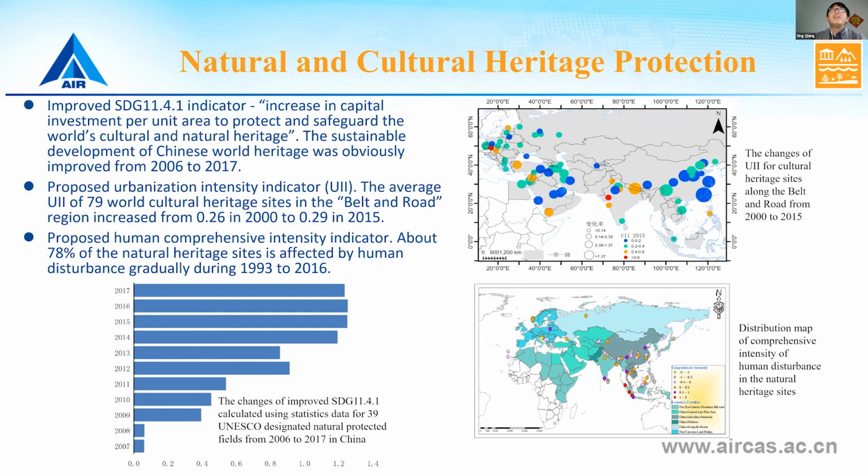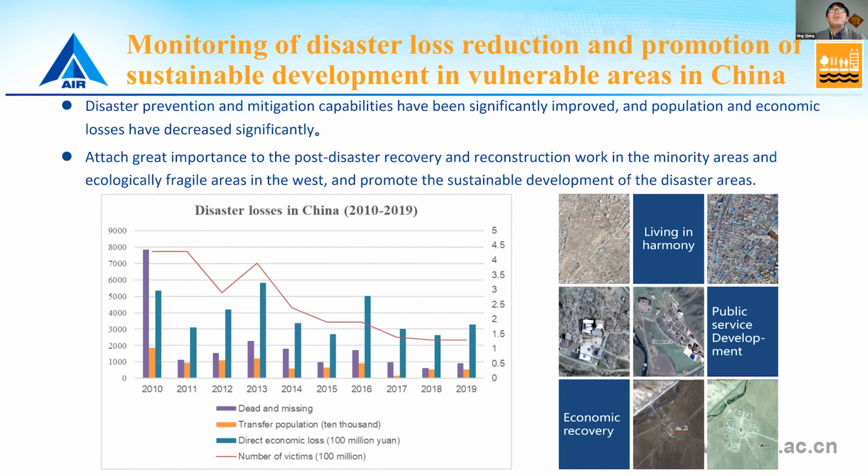The next one is monitoring disaster loss reduction and the promotion of sustainable development in vulnerable areas in China. For the disaster loss, the data mainly comes from national statistics, because we cannot say remote sensing can do everything. Sometimes the disaster loss related to population and economy comes from statistics.